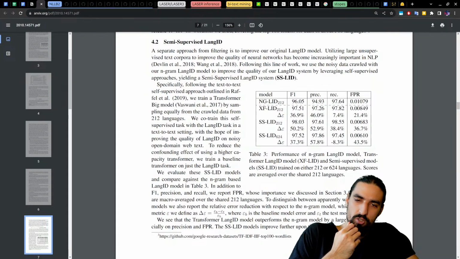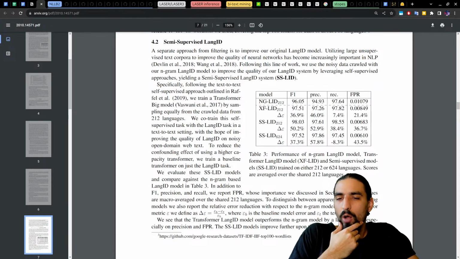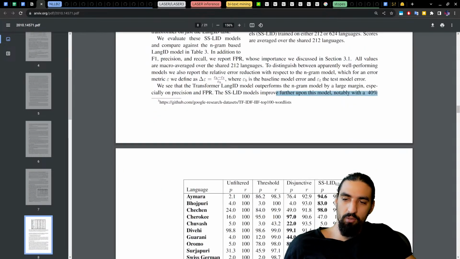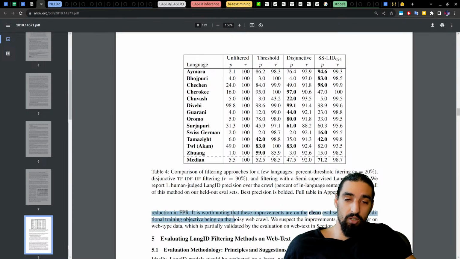We see that the transformer LangID model outperforms the Ngram model by a large margin, especially on precision and FPR. The SSLID models improve further upon this model, notably with a 40% reduction. It is worth noting that these improvements are on the clean eval, despite the additional training objective being on noisy data.